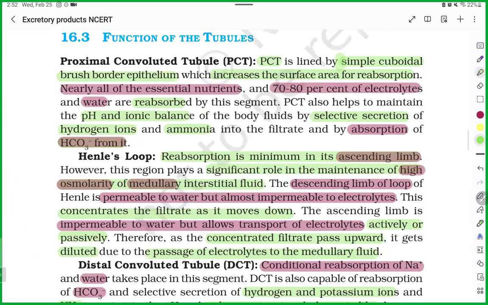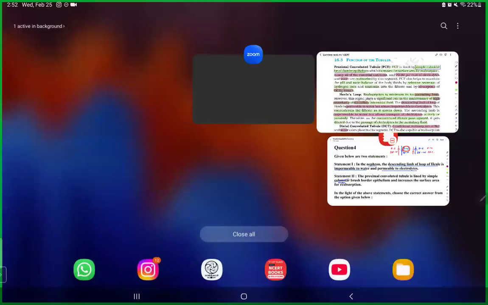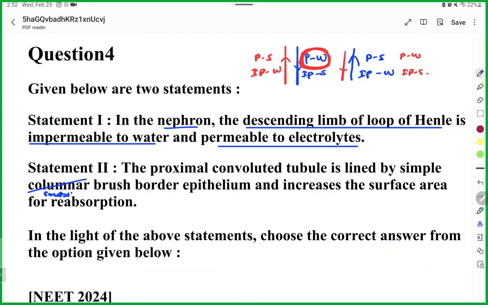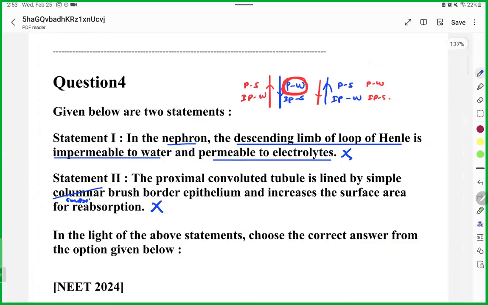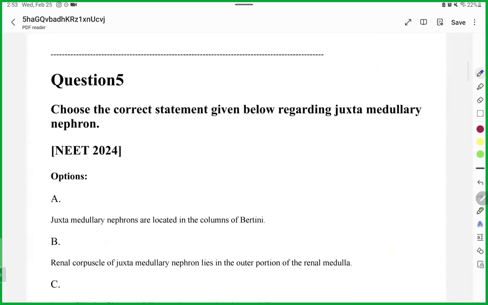You have simple cuboidal brush border epithelium, which increases surface area. Cuboidal, not columnar. Columnar is present in the digestive system only. So both are wrong statements. We are already done with this topic. We can move to the next one.